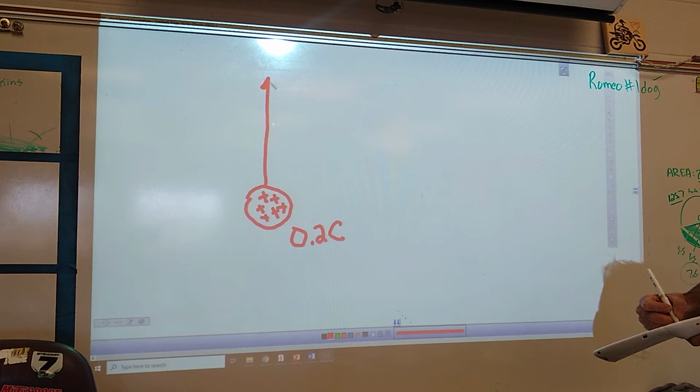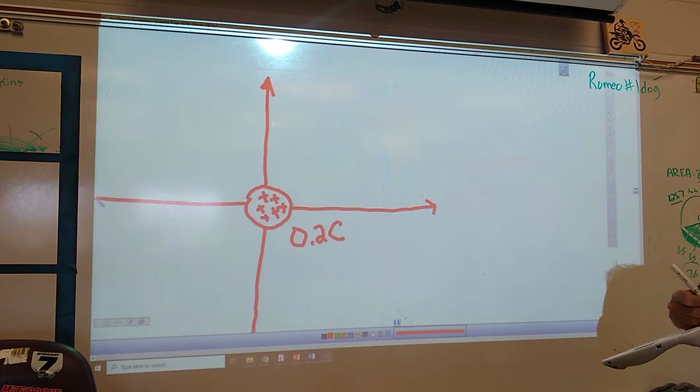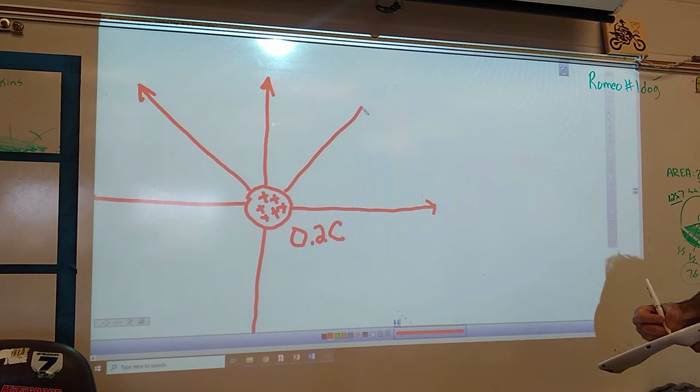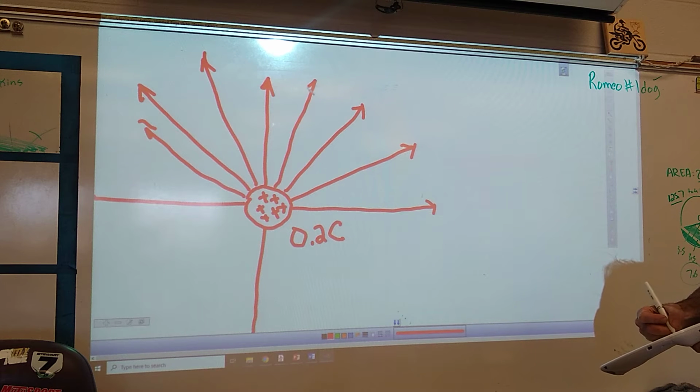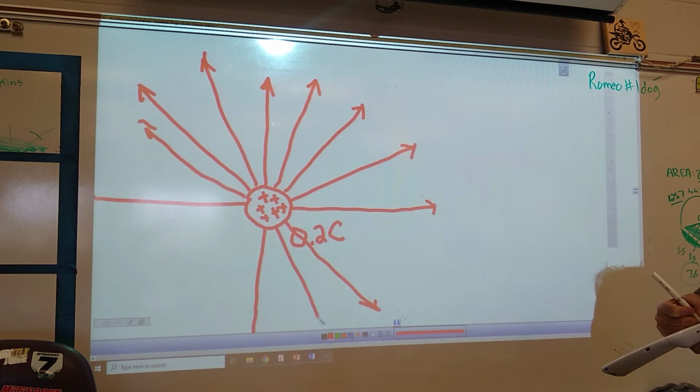So the electric field comes straight out of a positive charge. And since there's a lot of charge here, I'm going to draw a lot of electric field lines. I just kind of keep coming back and splitting these arrows in half. That's how I'm trying to make it look neat. Everybody feeling that?